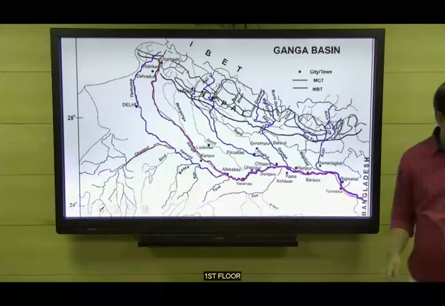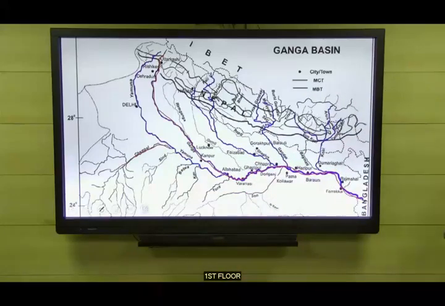It arises near Mhow, a place in Madhya Pradesh. It flows into Rajasthan, and in Rajasthan there is a dam known as Gandhi Sagar Dam on Chambal.